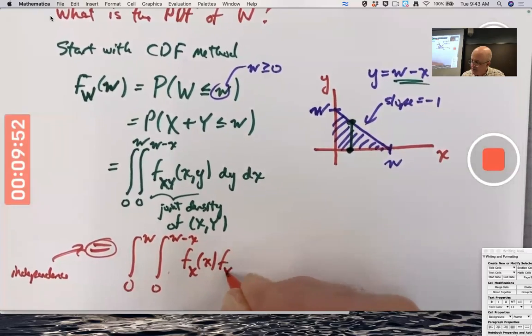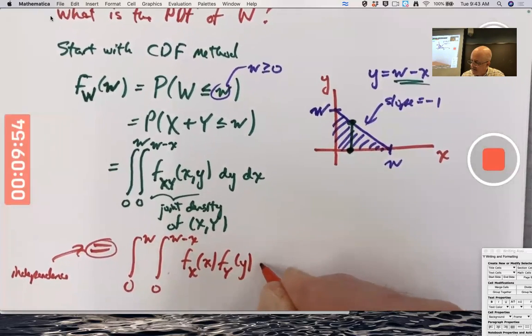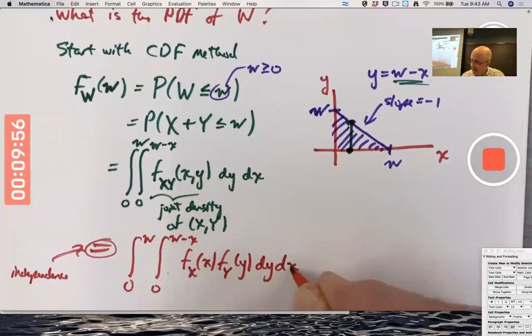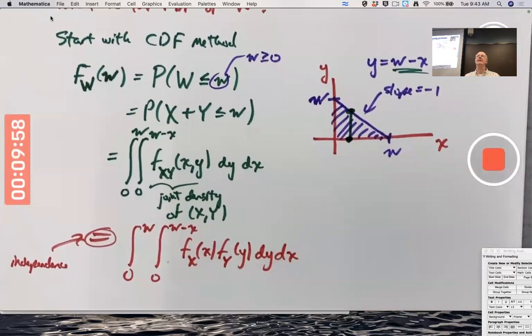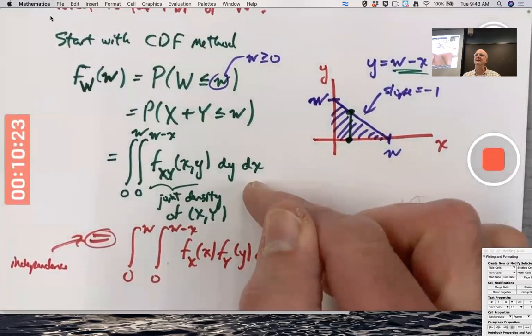It's going to allow us to do something we wouldn't be able to do otherwise. That's independence. That's the definition of independence in chapter 5. The joint density is the product of the marginal densities, and the marginal densities are the same as the ordinary PDFs of x and y individually. Without making that assumption, it makes this harder. You really can't go much beyond that point.